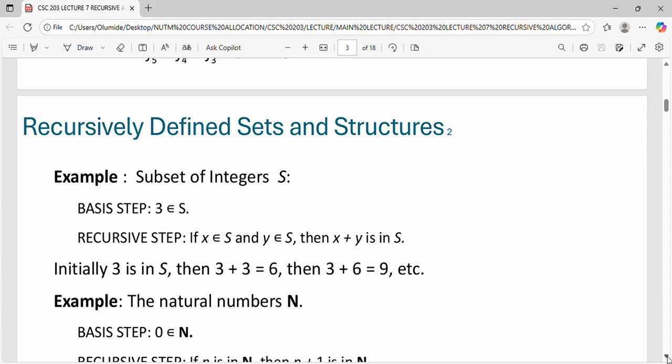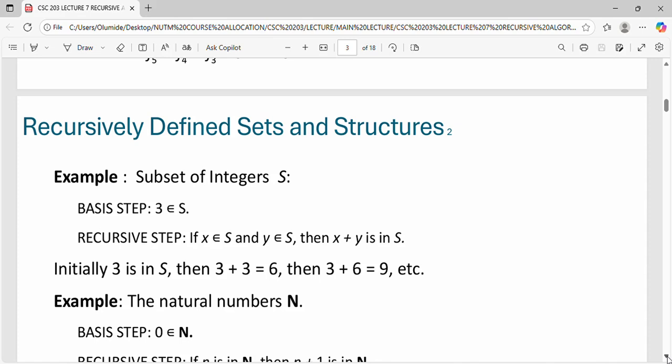If it holds for that, then you proceed to the recursive step. So the basis says 3 is a member of S. Then the recursive step says if x is a member of S and y is a member of S, then x plus y is in S.